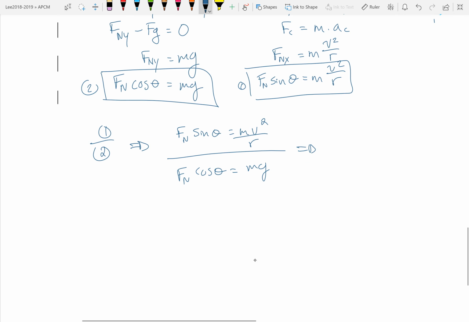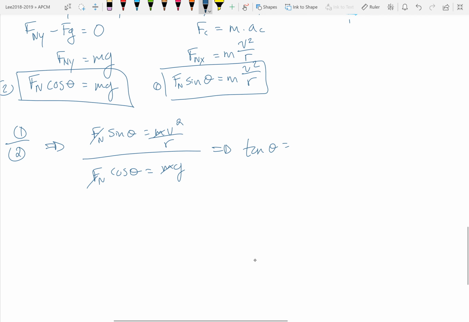And that's going to get me, normals are going to go away. Sine over cosine theta is tangent theta equals, mass is upstairs, it goes away. And then I have v squared over rg. I'm dividing v squared over r divided by g. It's v squared over rg.